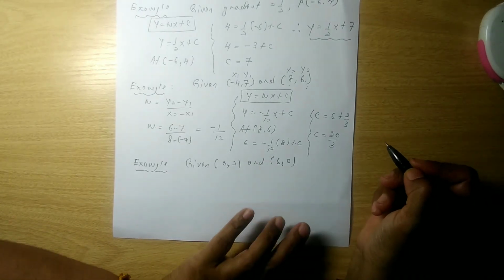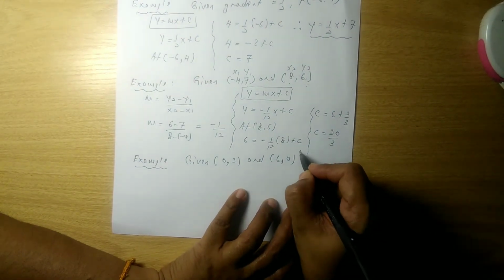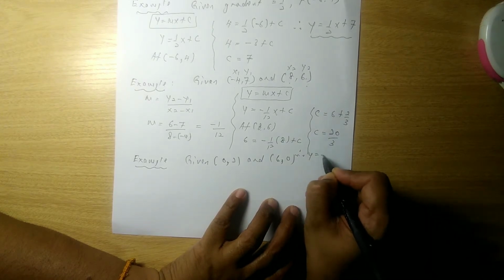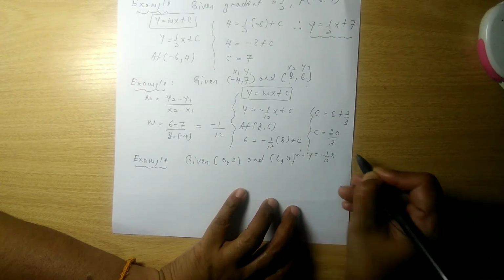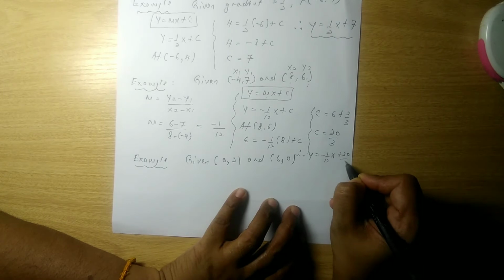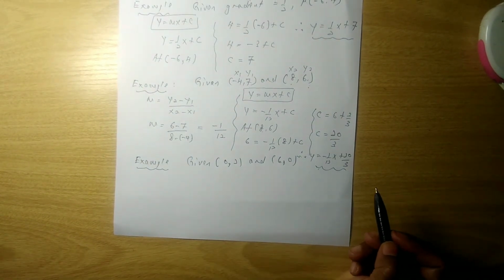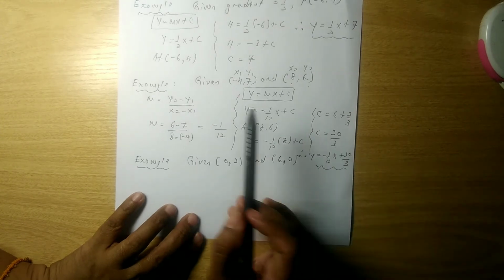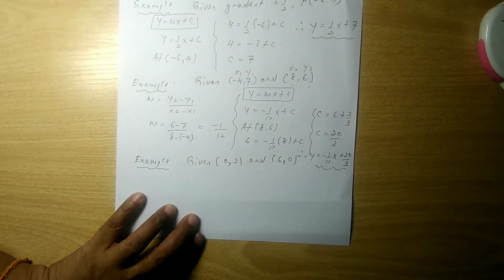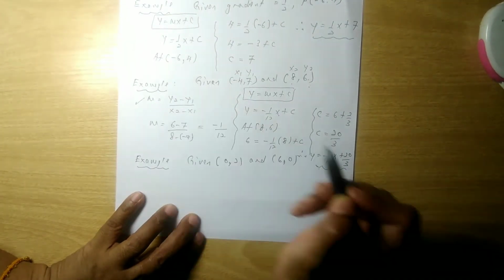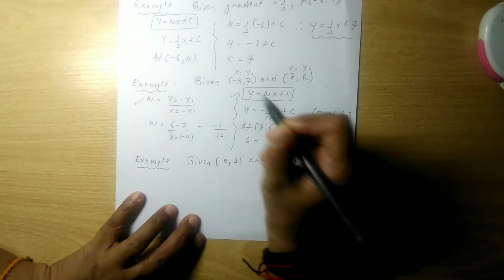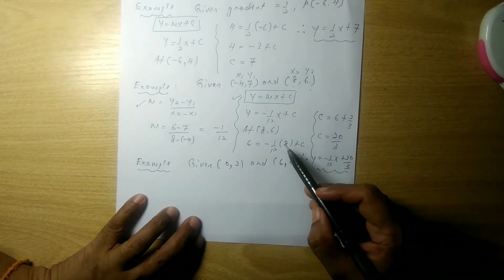Therefore my equation is y equals negative 1 over 12x plus 20 over 3. So that's the equation that we got. When you're given two coordinates, you need to calculate your gradient first. After you get the gradient, only then you form your equation.